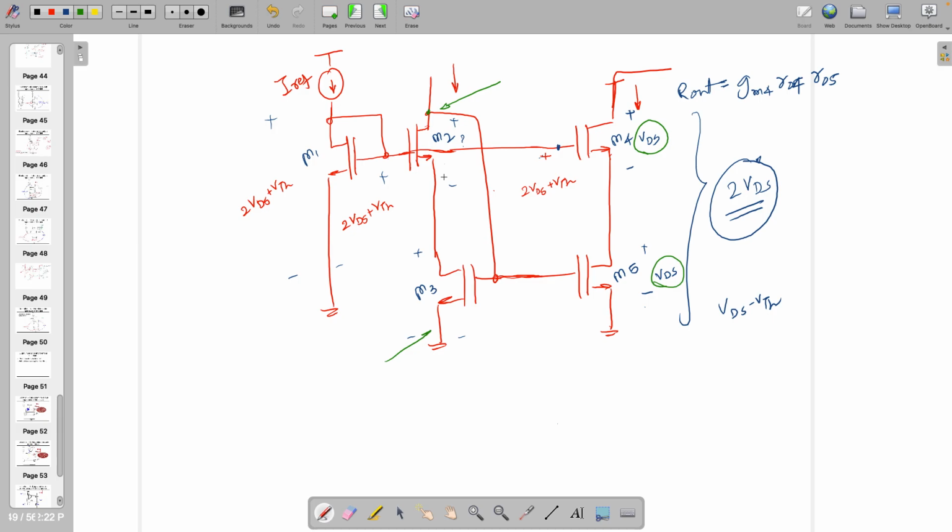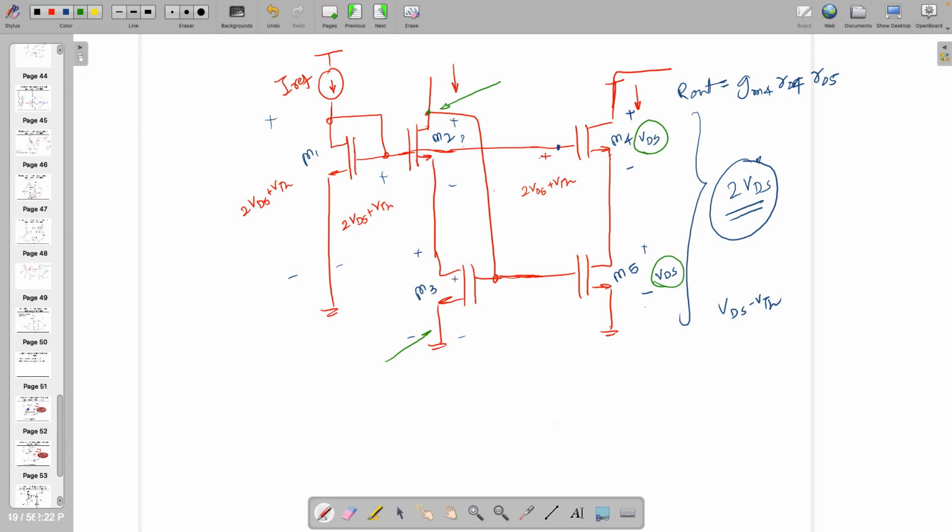You can redistribute it. What's the big thing about it? One of them you can keep as VDS plus VTH and another as VDS, anywhere, wherever you like. Then it will work and give you the required voltage. But as I told you, this is not the unique solution. There are many possible ways you can achieve the required voltage.